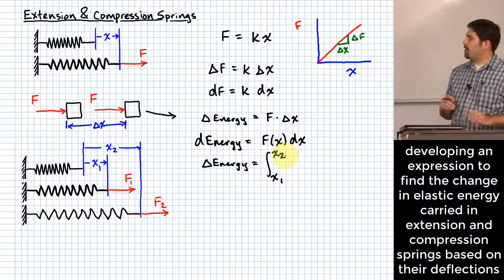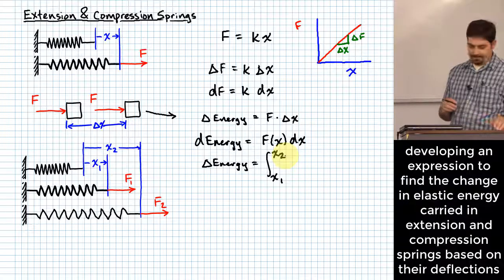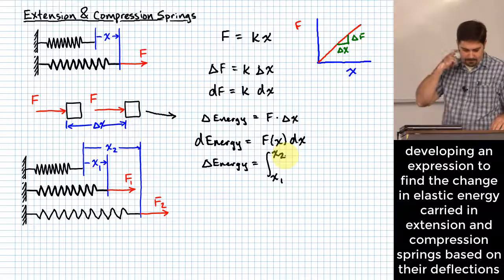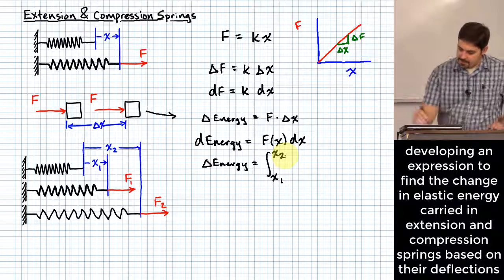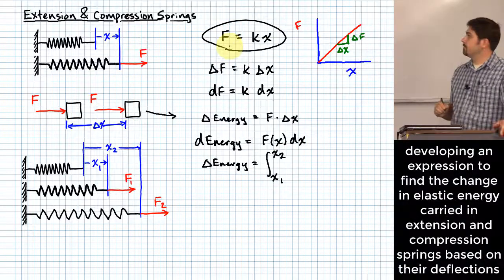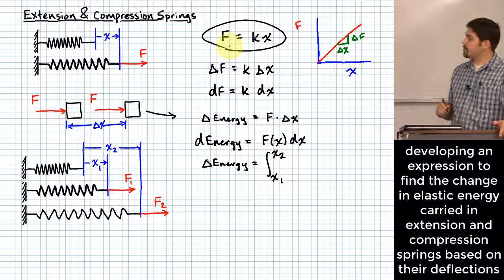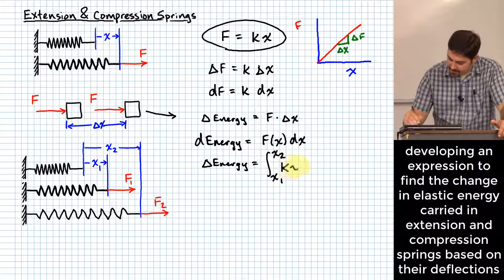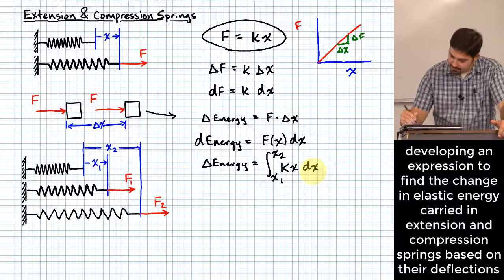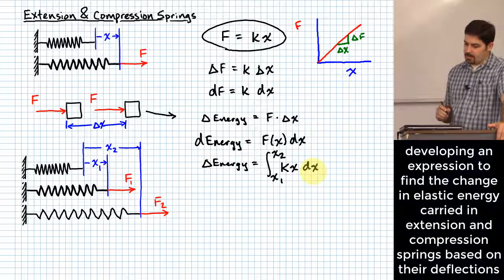But what is our f of x? Our f of x is actually this equation up here, right? That is f as a function of x. And so I can put that in here as kx dx.